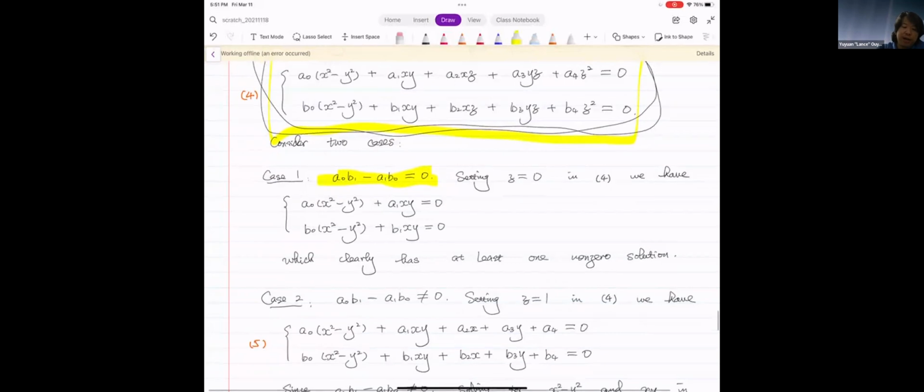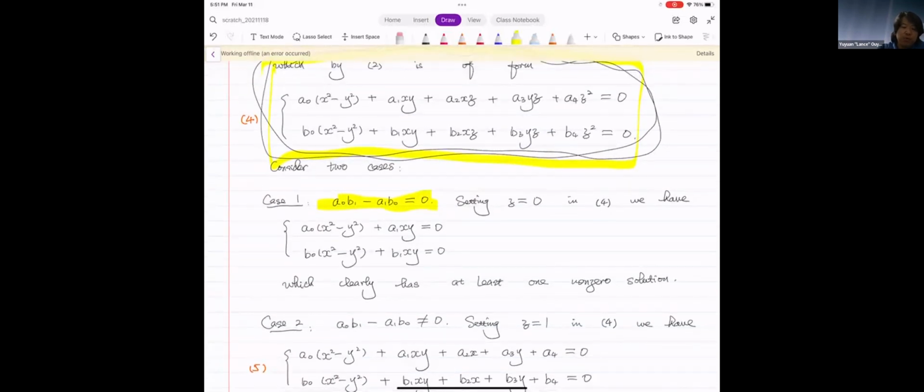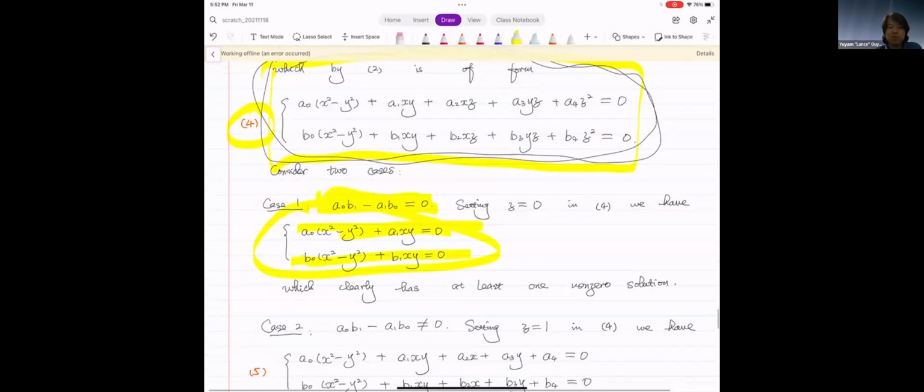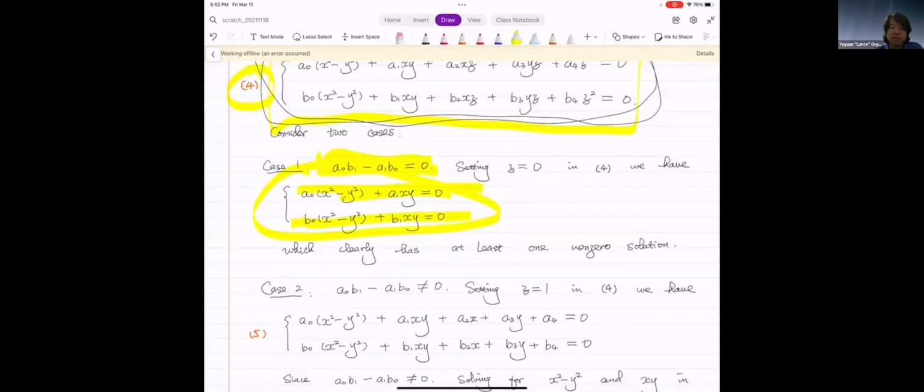Setting z equal to 0, I should be able to transform equation 4 to this format, for any real coefficients a0, a1, b0, b1. This one obviously has at least one non-zero solution because those two equations are actually redundant. You can reduce them to one equation just because this equality is true. So in this case, nothing to solve, but there is definitely going to be a non-zero solution.